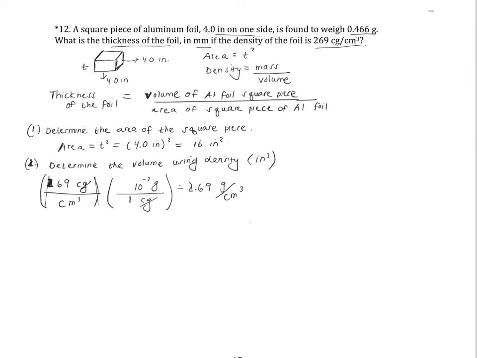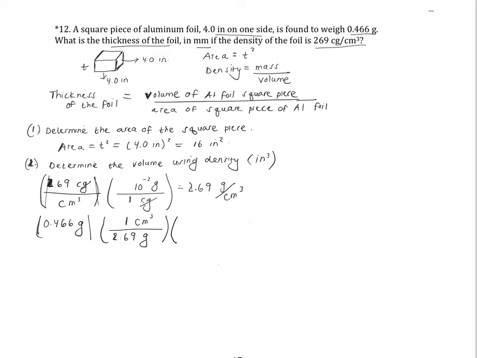Now we're going to use that to determine our volume. We first start off with mass, which is 0.466 grams. And then we use our density to get to centimeters cubed. We know that there's 2.69 grams per 1 centimeter cubed.